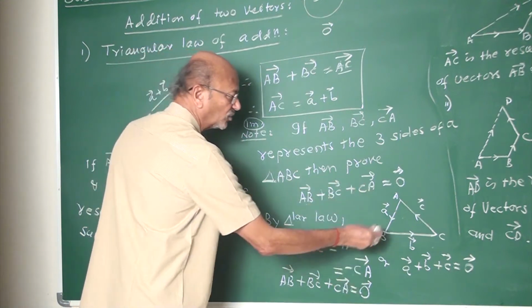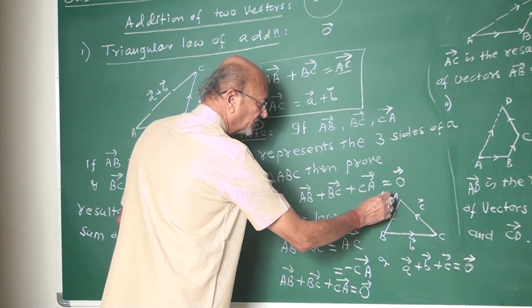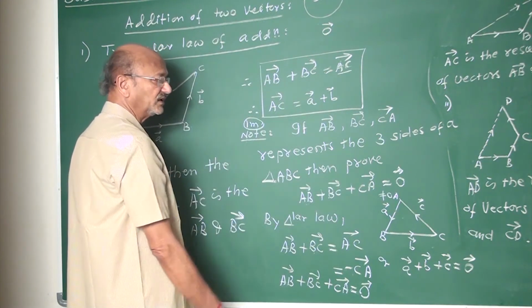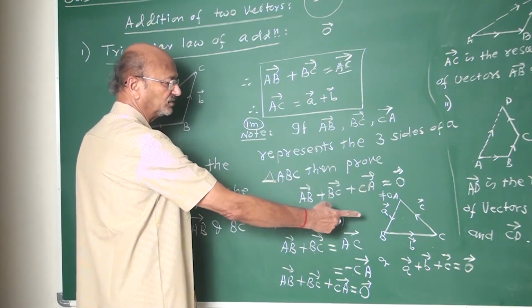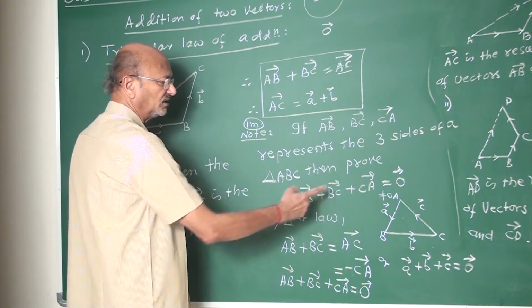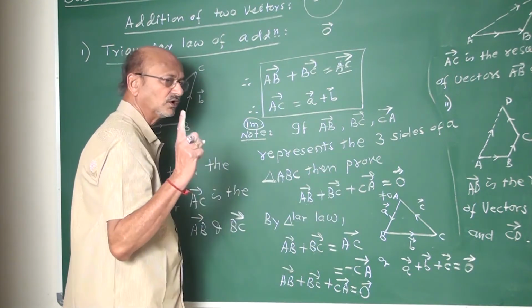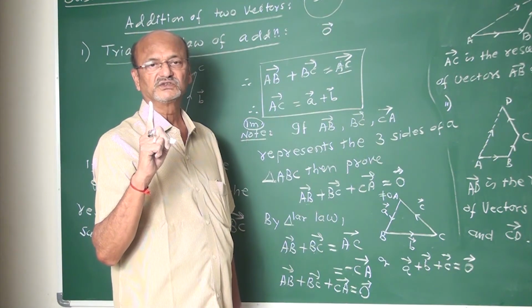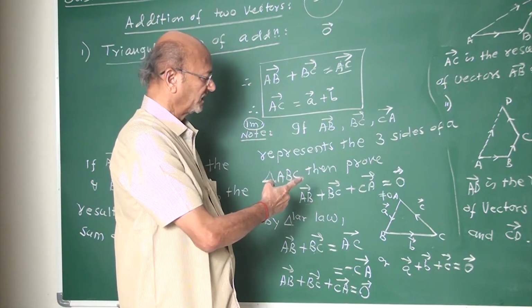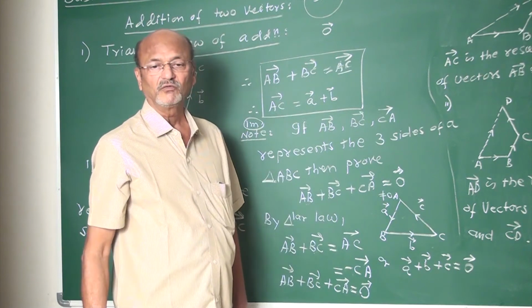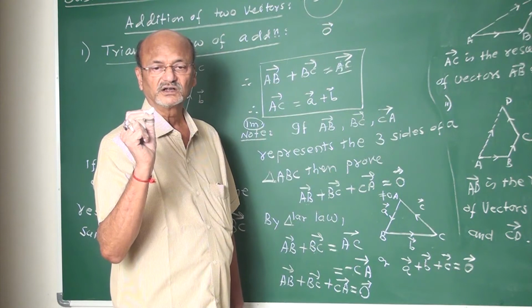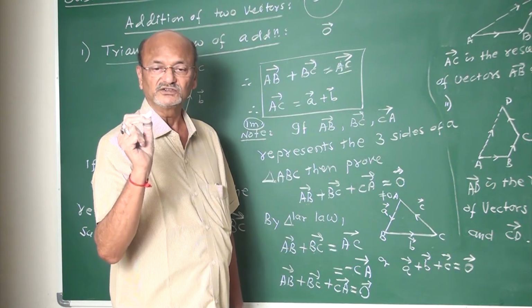If the sum is not equal to zero, then those three vectors don't represent the sides of triangle ABC. Therefore, to say this is a triangle, we have to add the vectors related to the sides of a triangle.